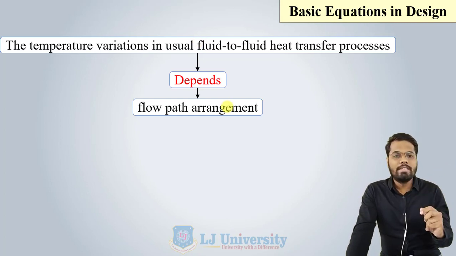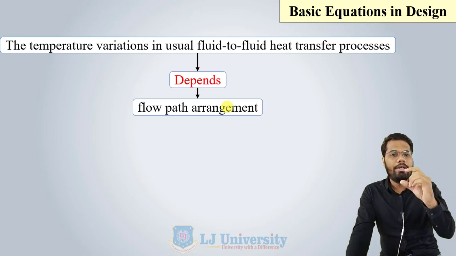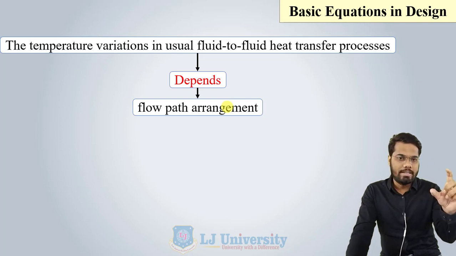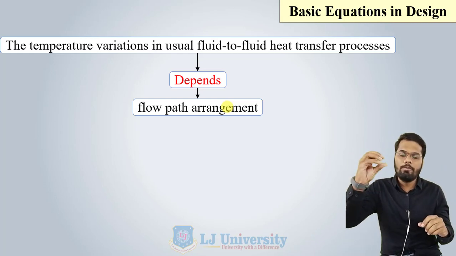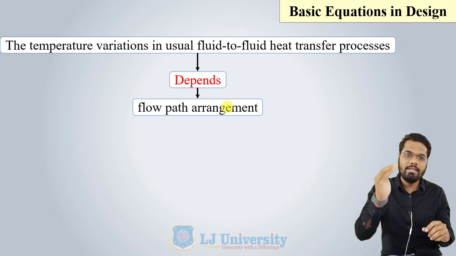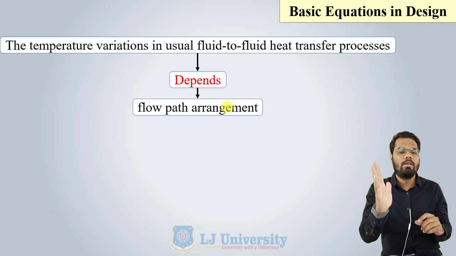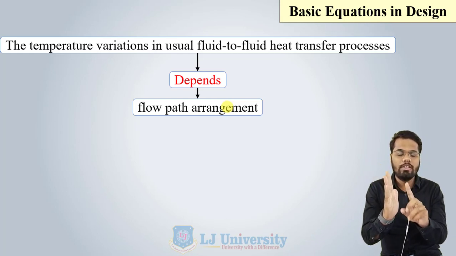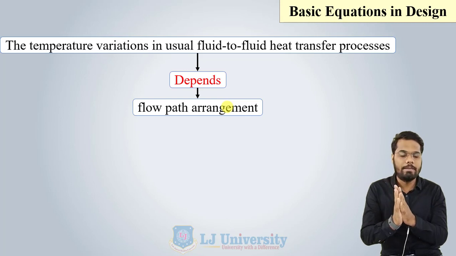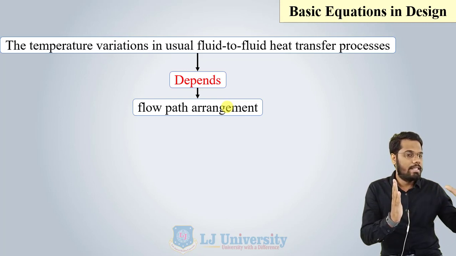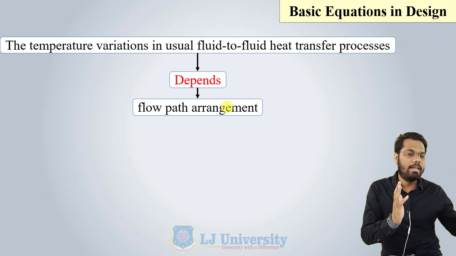For a parallel flow heat exchanger, at the entry point the temperature difference is going to be maximum, because the hot fluid and cold fluid enter the heat exchanger from the same location. So at the entry point, the temperature difference between hot fluid and cold fluid is maximum in a parallel flow heat exchanger.